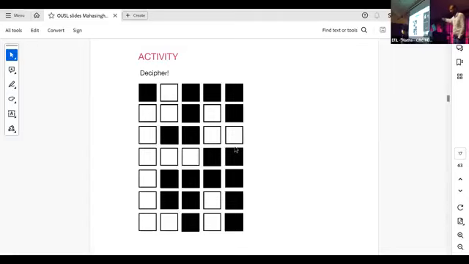So here's also a small secret message, a fun activity for you. Try to decode this, and we'll continue after that. You can find this in the LMS.